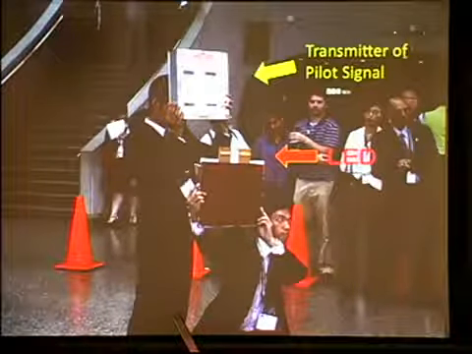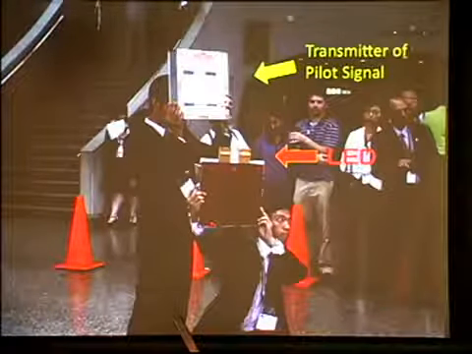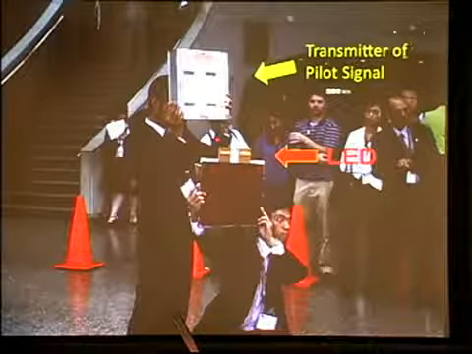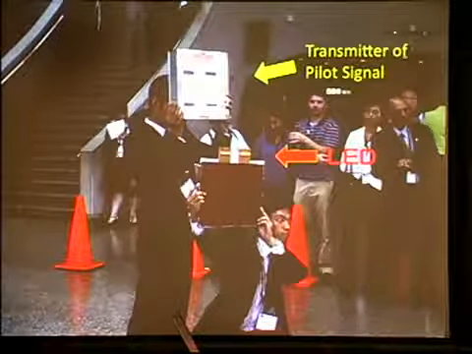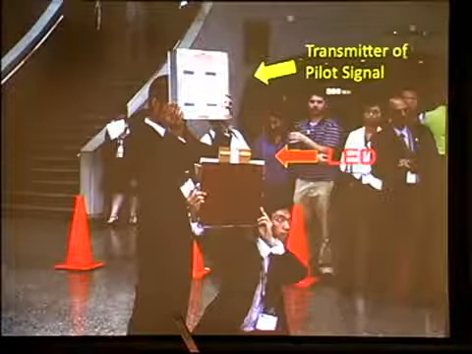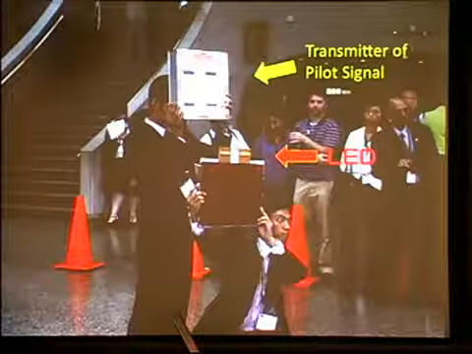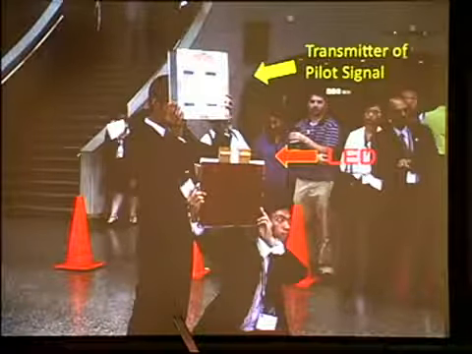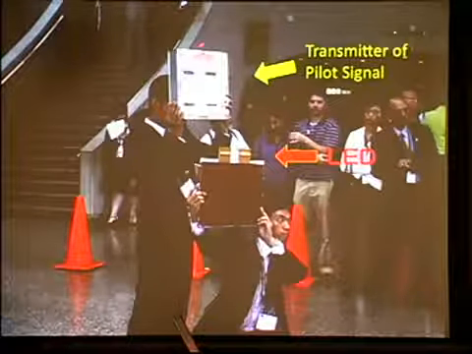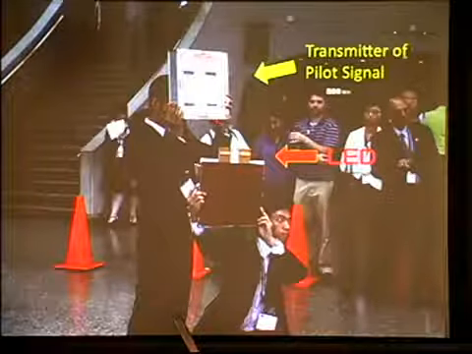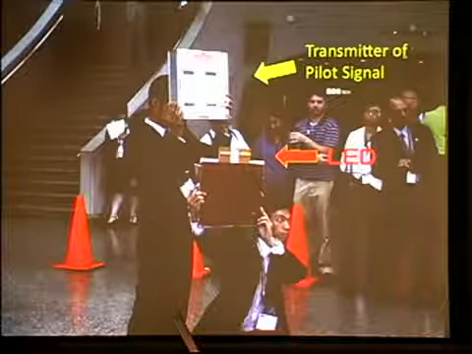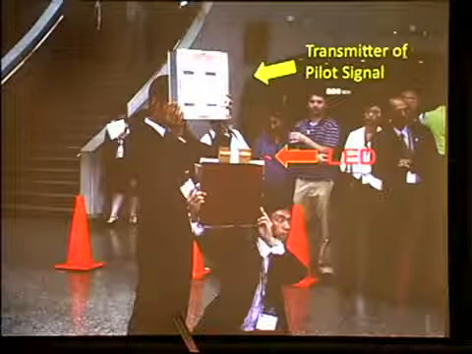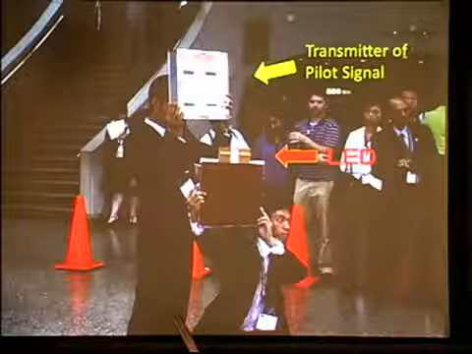And you can see this is the patch antenna, connected to the LED lamp. The microwave is concentrated on the pilot signal transmitter, so it receives microwave power to turn on the LED lamp.